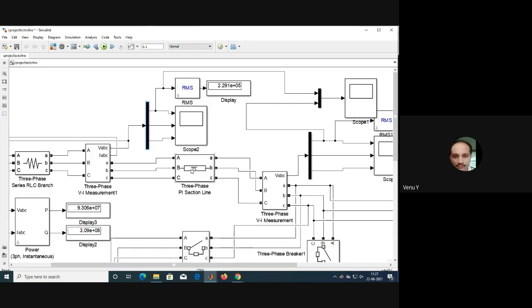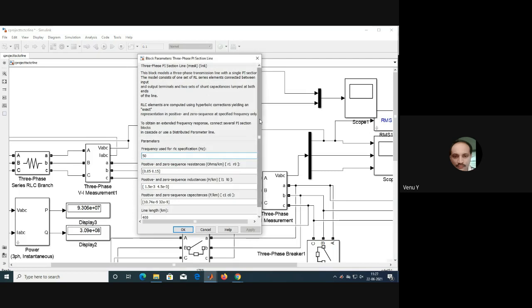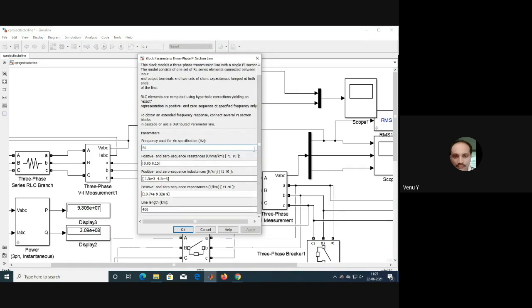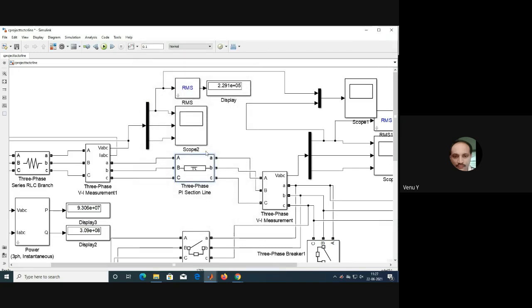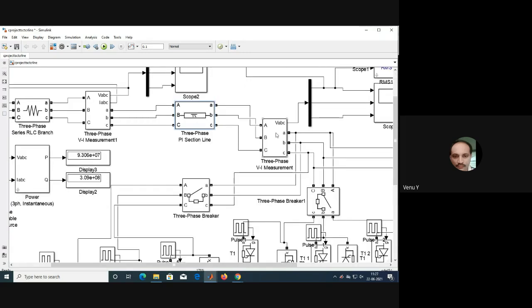This is the pi line model. The data is given from the Kundu textbook, 230 kV. The frequency was changed to 50 Hz. So this is the positive sequence and zero sequence resistances, reactances and capacitances. Line length is taken as 400 kilometers. At the receiving end, you have the three-phase measurement block, VABC and IABC.